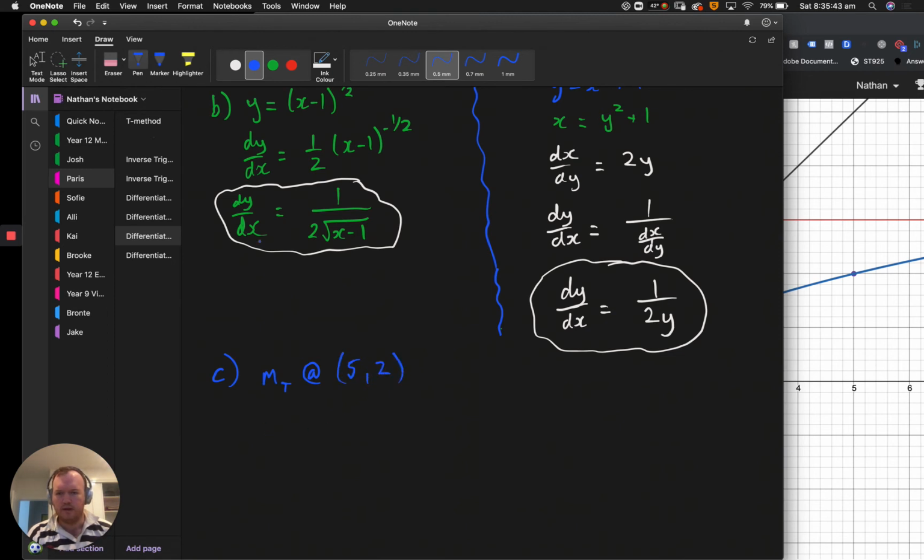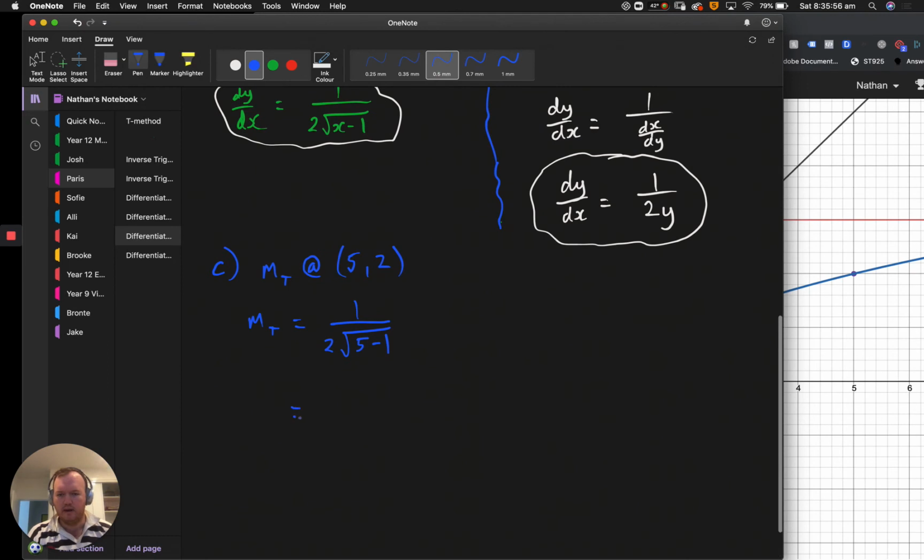Using this derivative in terms of x, 1 over 2 root 5 minus 1. Well, that's 1 over 2 times 2, which ends up being 1/4.